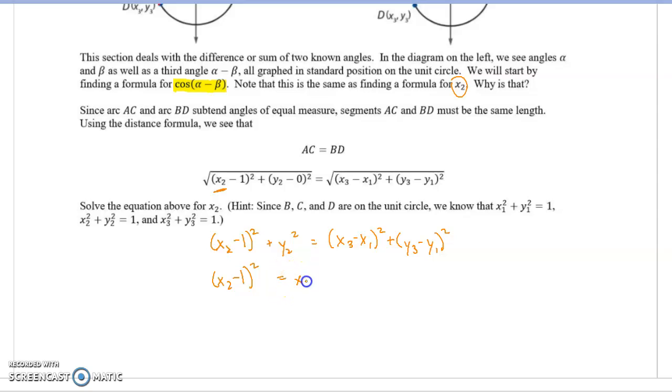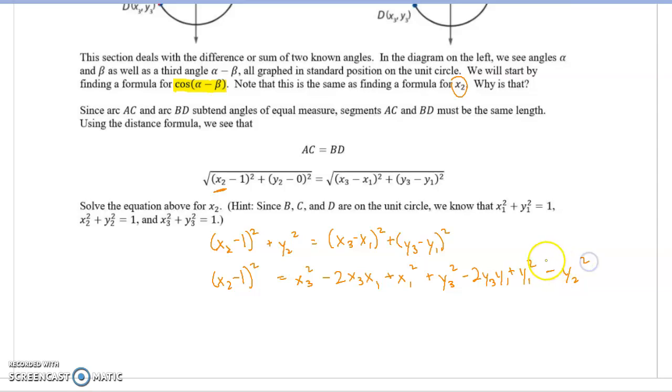So we'll square the x3, then 2 times x3 times x1, minus that because of the minus sign, and negative x1 times negative x1 is positive x1 squared. Do the same thing here: plus y3 squared minus 2 y3 y1 plus y1 squared. And then don't forget this y2 squared that we're subtracting over here.